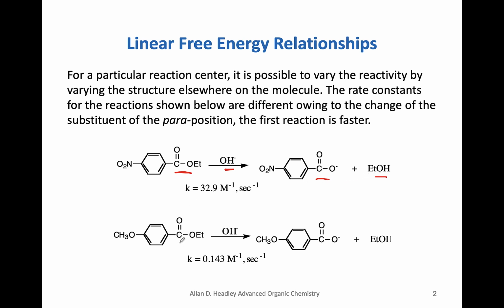These two molecules are the same ester, except the substituent back here. One has a nitro group and the other one has an OCH3 group. But notice though, even though the reaction type is the same, this reaction is much slower than this reaction. So the question now is why?